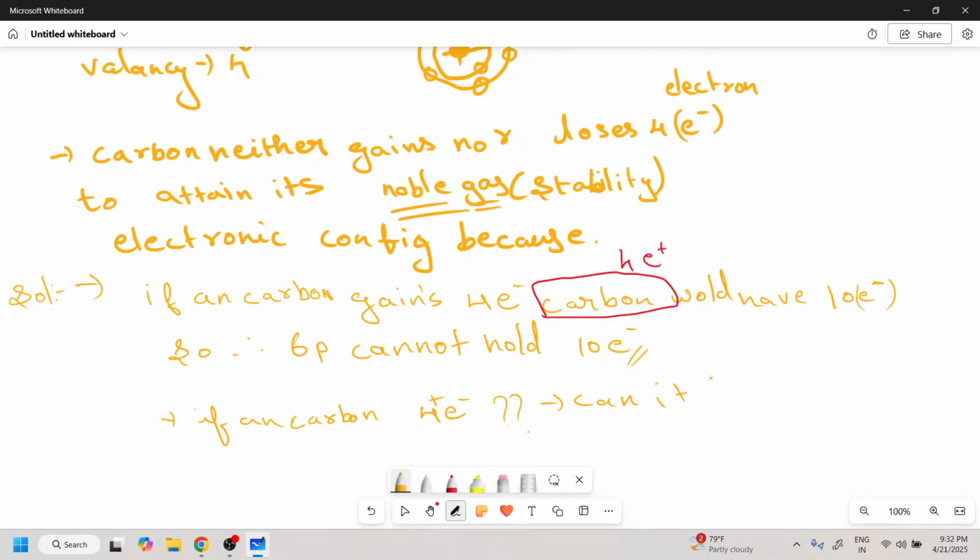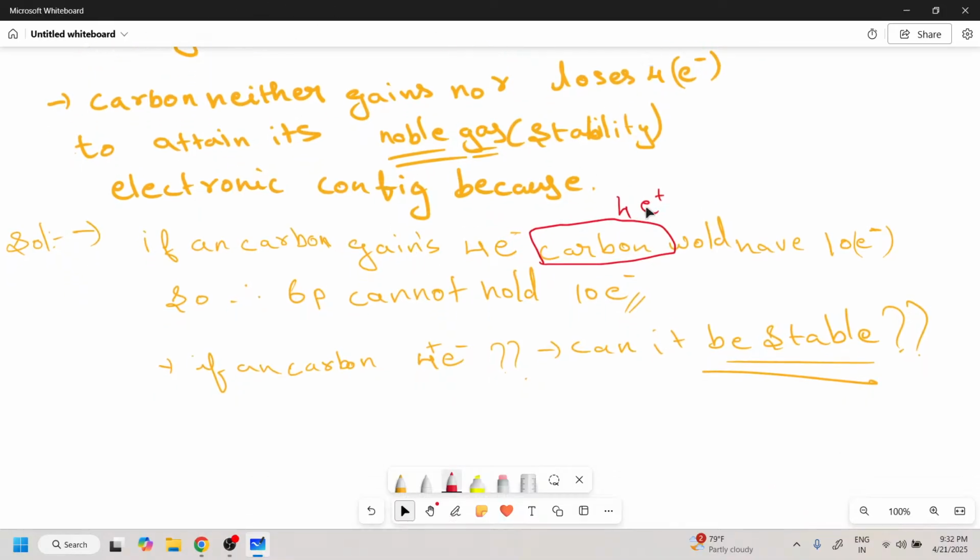Can it be stable? This is so important. Just know it. I'm not saying it's compulsory, but it's just the basics of chem. When you come to the basics of chem, you get this.